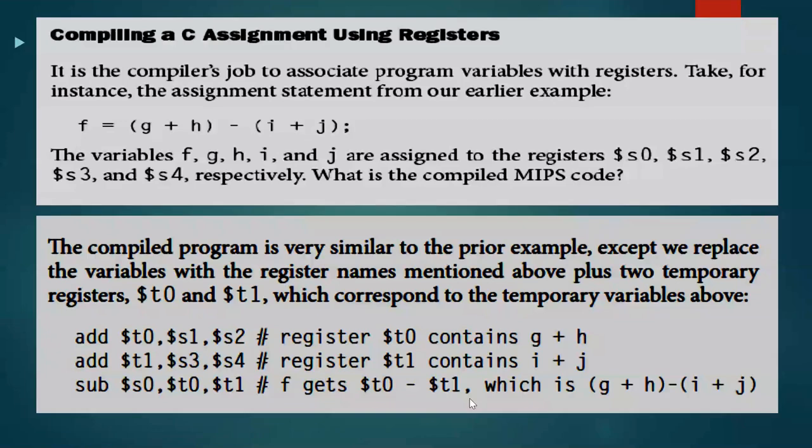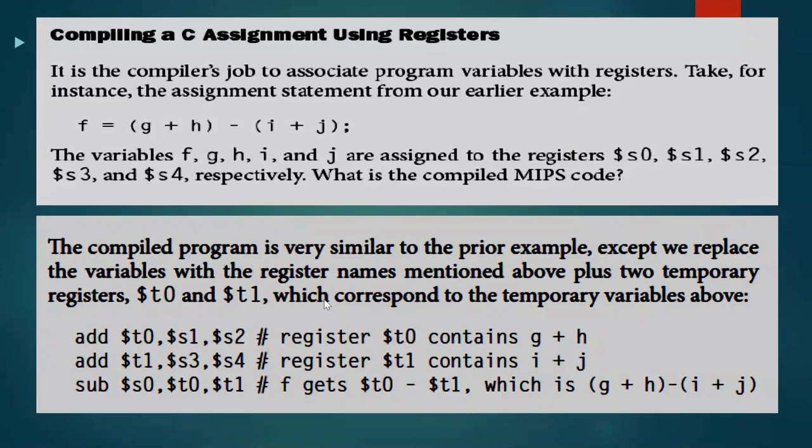Now we are going to see how to compile a C assignment using registers. Usually when you perform any high level language, for example C, in MIPS it is going to be converted into assembly level language. To convert into assembly language, MIPS mainly uses registers to store all the data and operands.